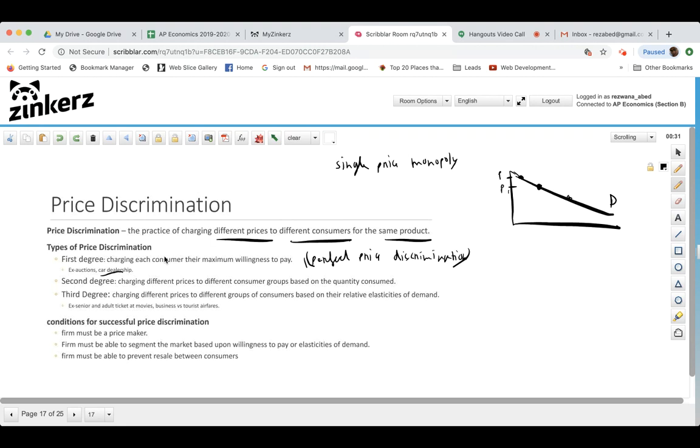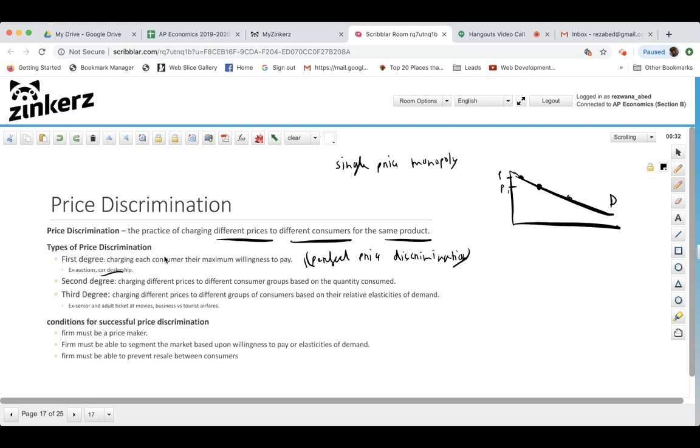And third degree price discrimination is when the firms charge different prices to different groups of consumers based on their relative elasticities of demand. Okay. So one example would be senior tickets and adult tickets at movie theaters, right? Hopefully you know that adults are charged a higher price and seniors are charged a lower price.